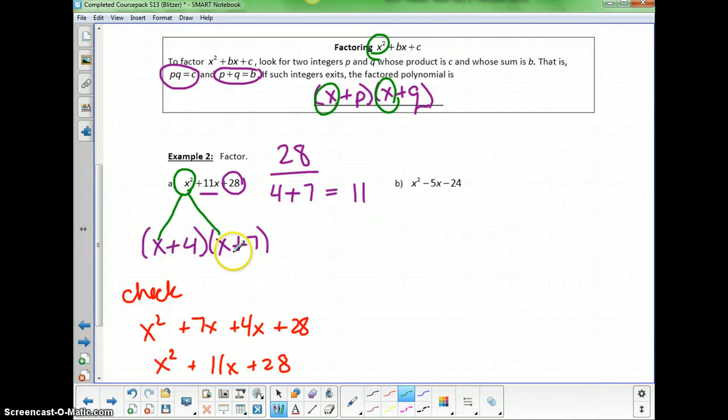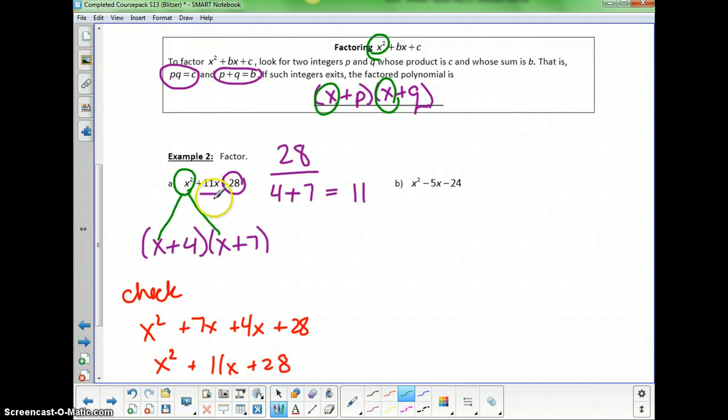Okay, and then the other piece was, I start with the 28 because there's only a certain number of ways of multiplying to 28. 4 and 7, 2 and 14, 1 and 28. There's only 3 different ways of multiplying to 28. I don't want to start with things that add to 11 because there are millions of those. 1 and 10, 2 and 9, 3 and 8, negative 2 and 13.